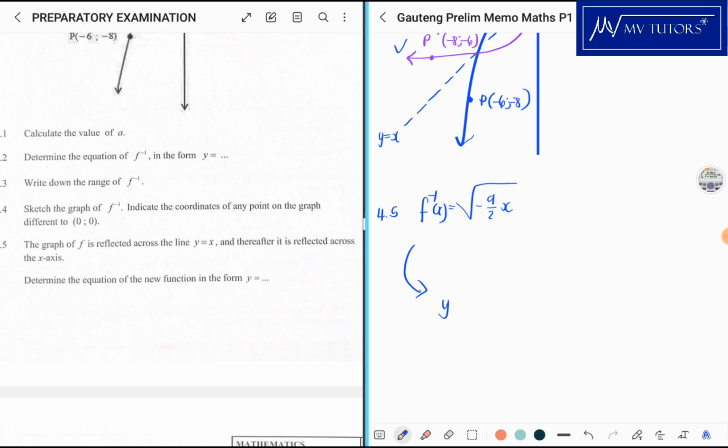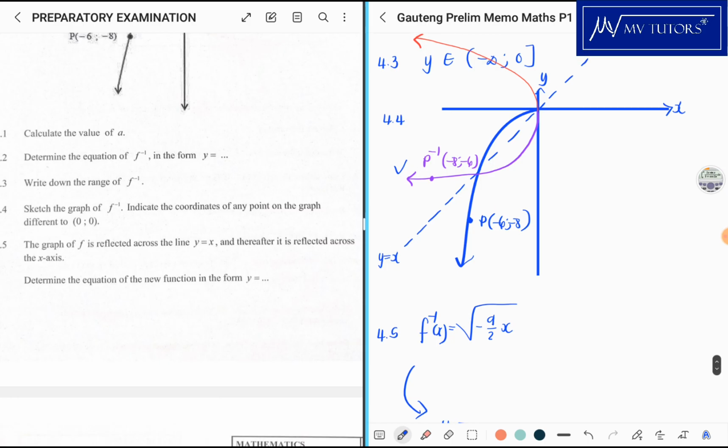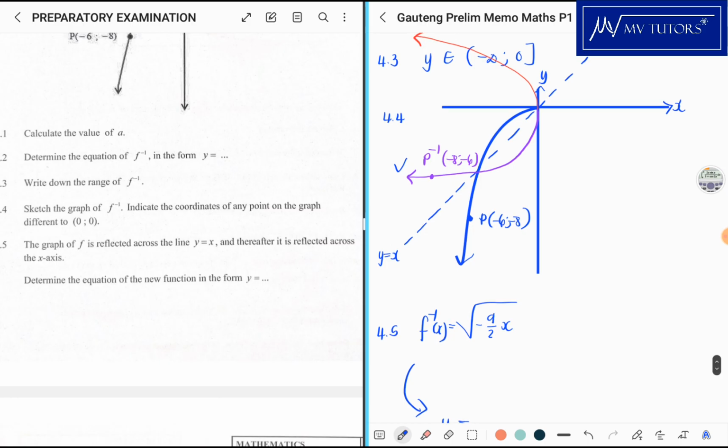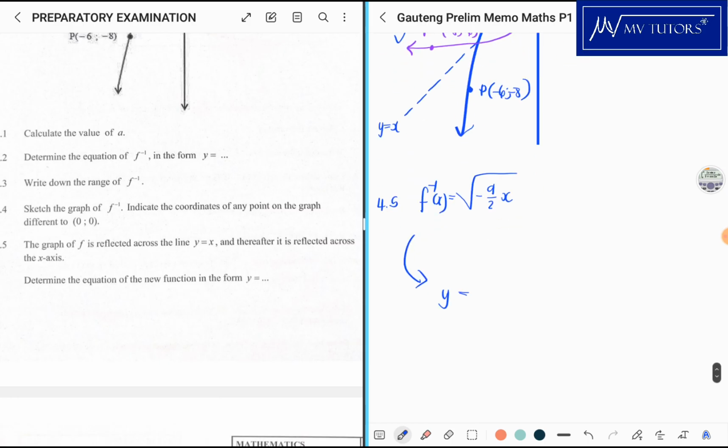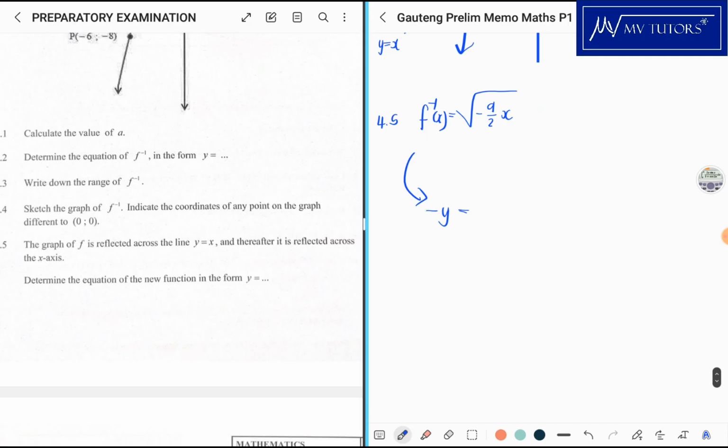The new equation in the form of y is equal to: because we are reflecting about the x-axis, y becomes negative. But we can't have that. We want y alone, so we take the negative to the other side. And there we go. That's our equation.